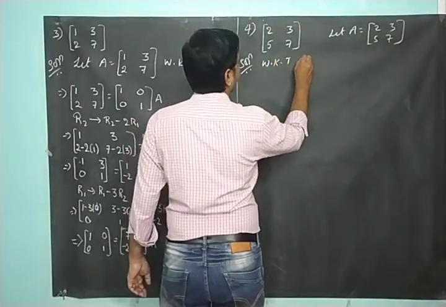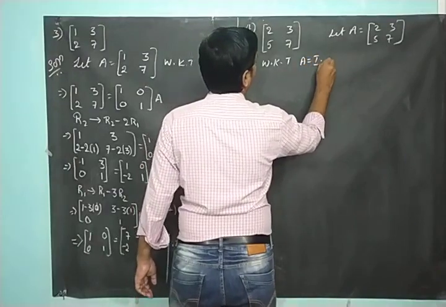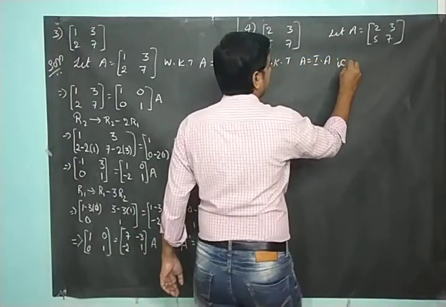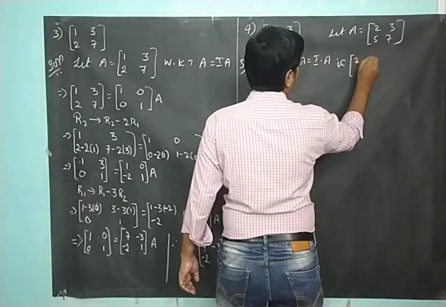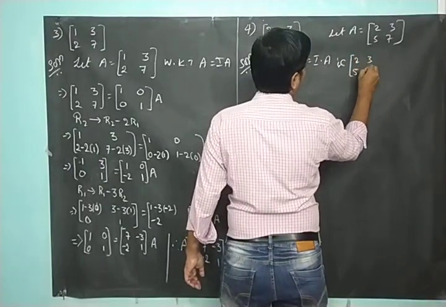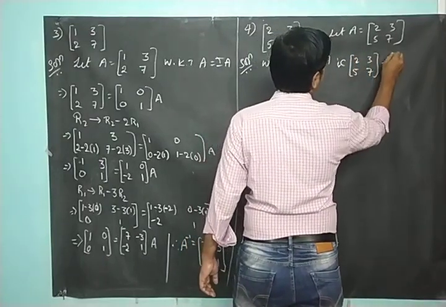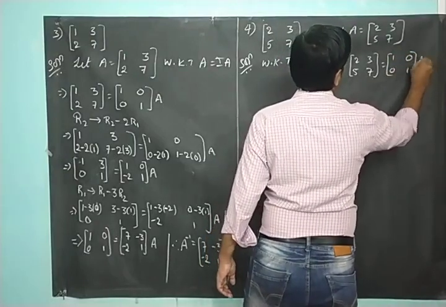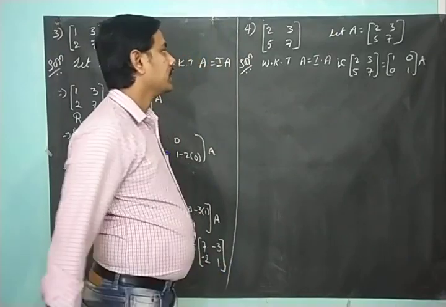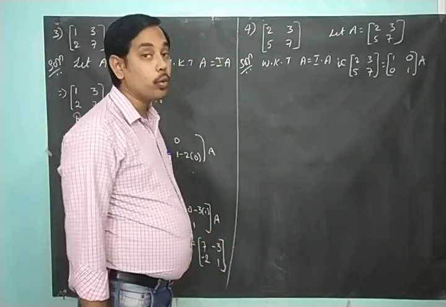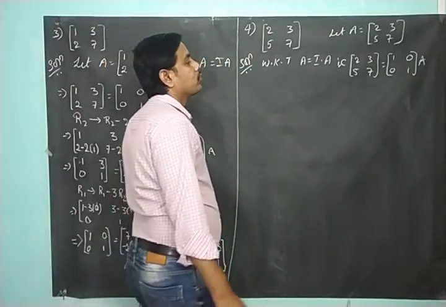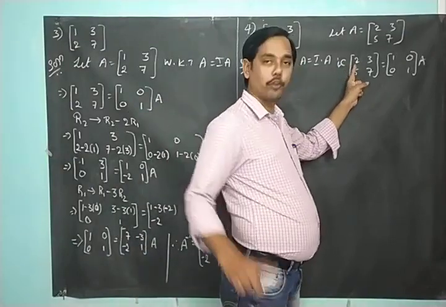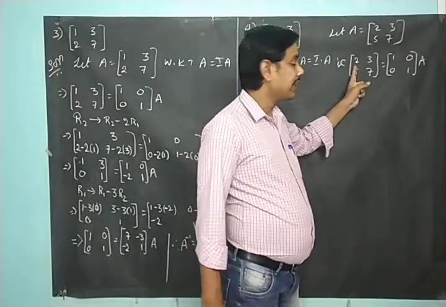We know that A can be written as I into A. That is [2, 3; 5, 7] can be written as [1, 0; 0, 1] into A. Alright? So here observe A11 is not 1.